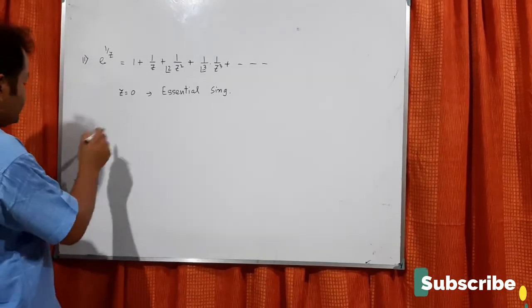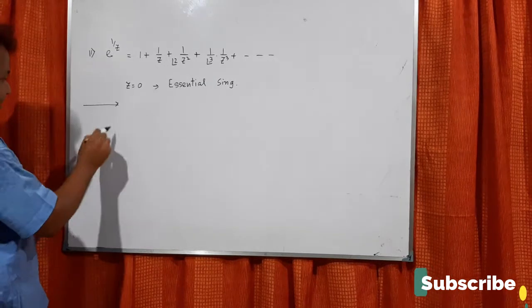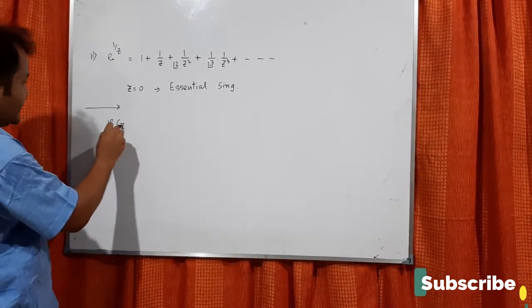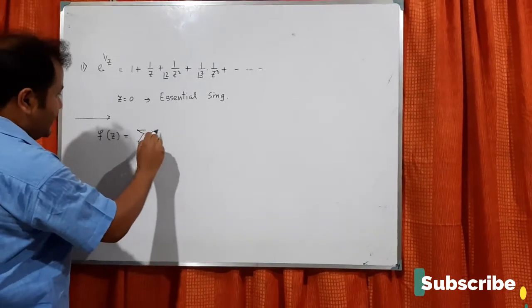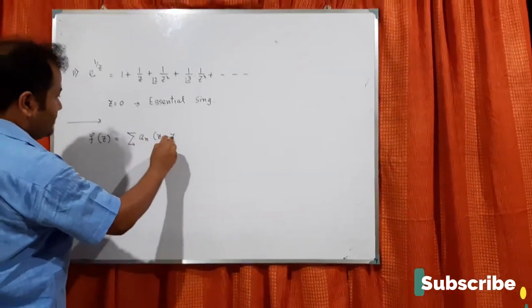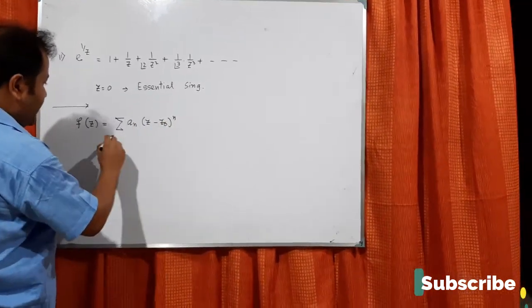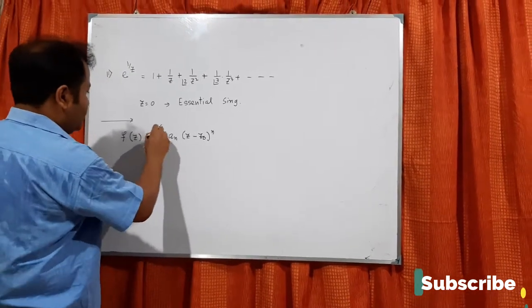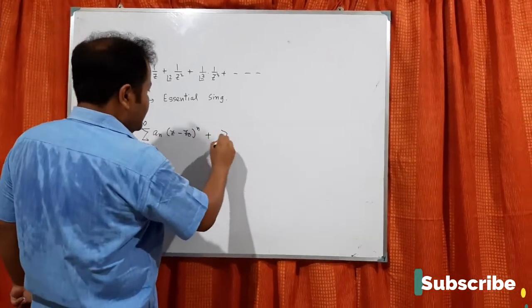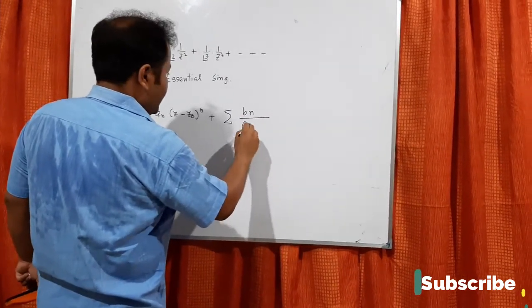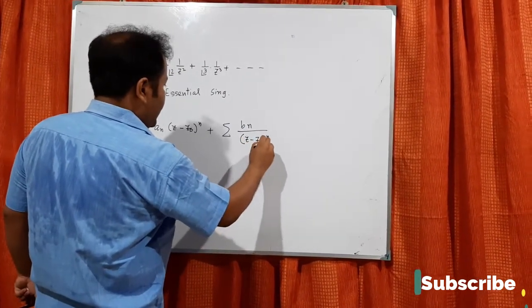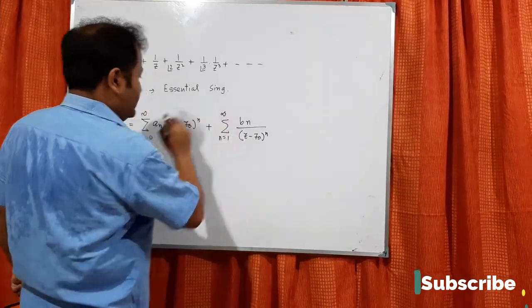Now, basically what we have seen is that you need a Laurent series expansion. So what is the Laurent series expansion? This is summation a_n (z minus z naught) to the power n, n equals 0 to infinity, plus summation b_n divided by (z minus z naught) to the power n, n equals 1 to infinity.